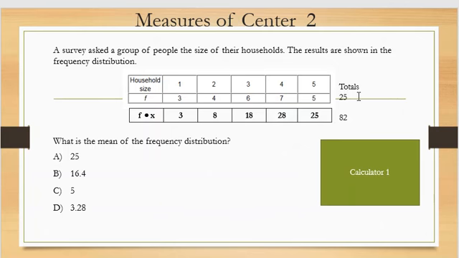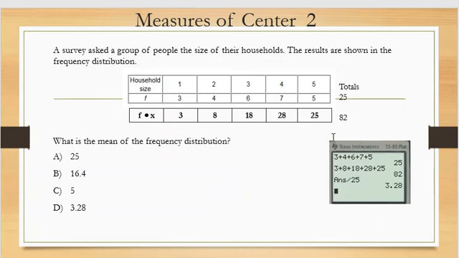I add together the frequencies 3, 4, 6, 7, and 5, and I get 25. And then I add together my F times X values, 3 plus 8 plus 18 plus 28 plus 25, and I get 82. So your next step is to take that 82 and divide it by 25.